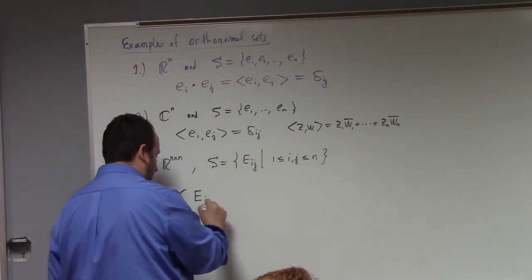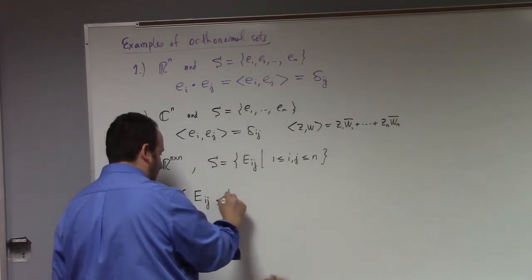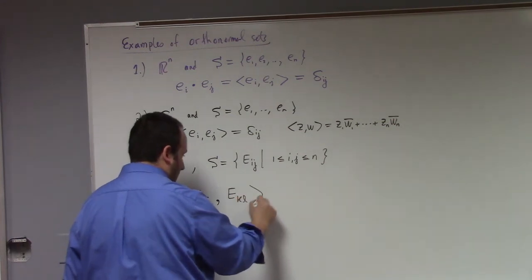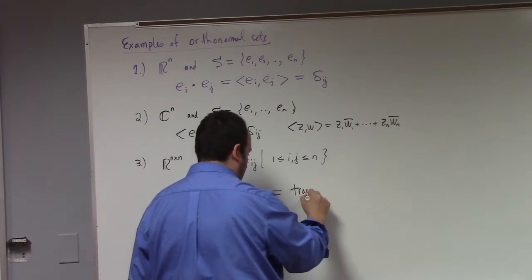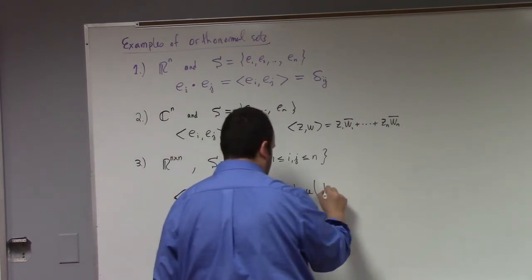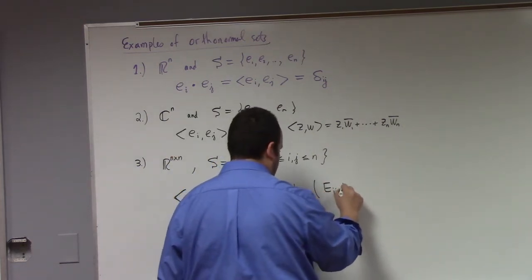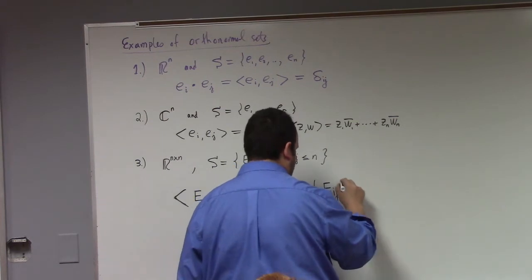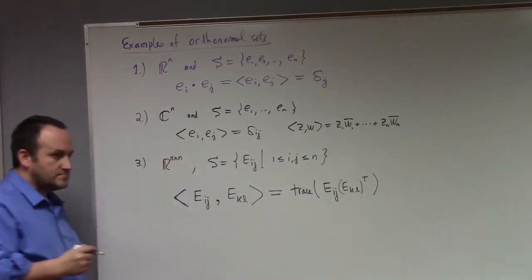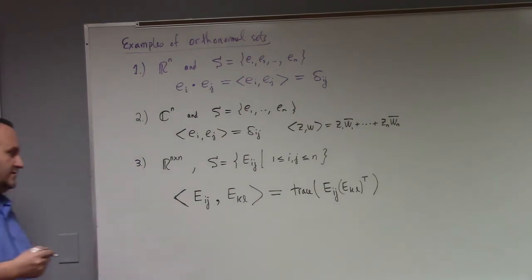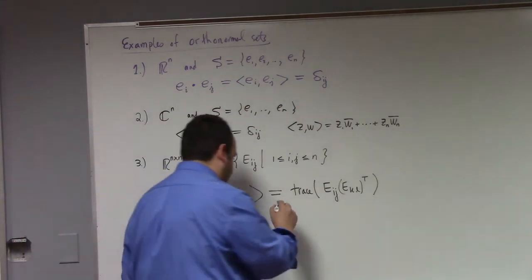So the inner product of Eij and Ekl. How did we define this? It was defined to be the trace of Eij times Ekl transpose. So let's see here. How's that going to work?